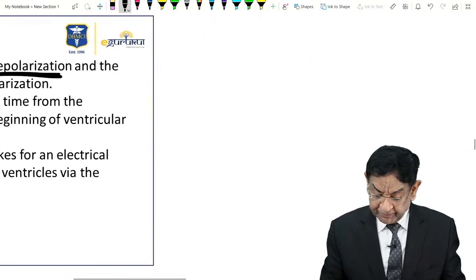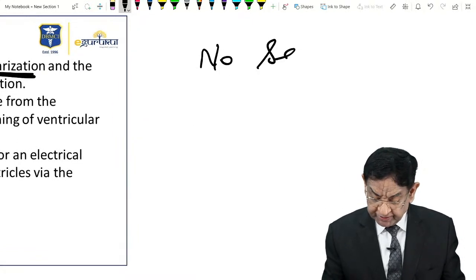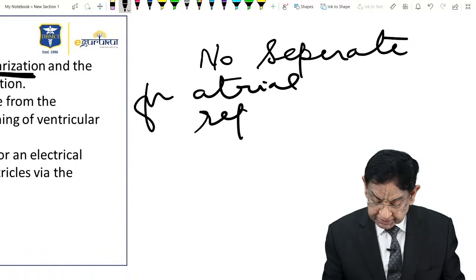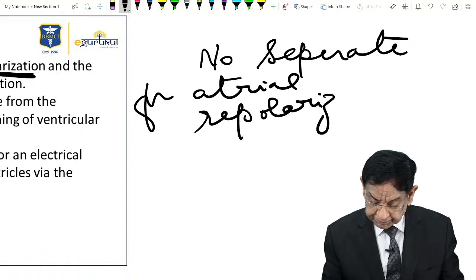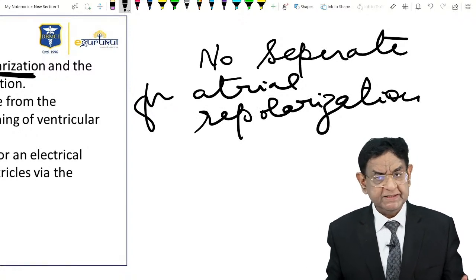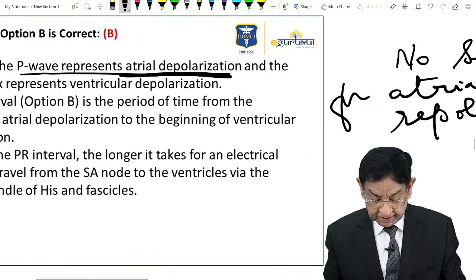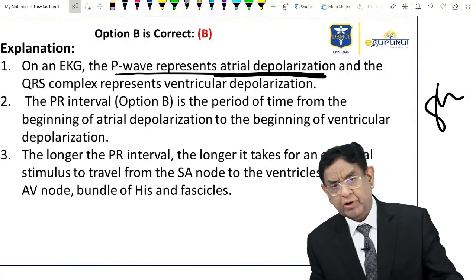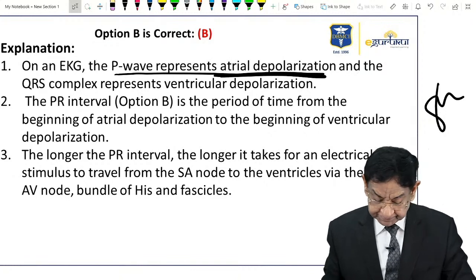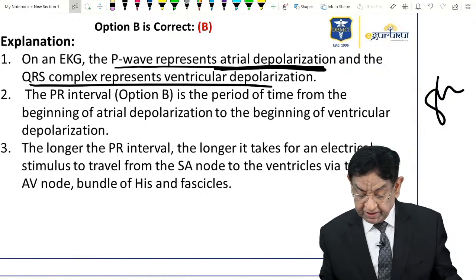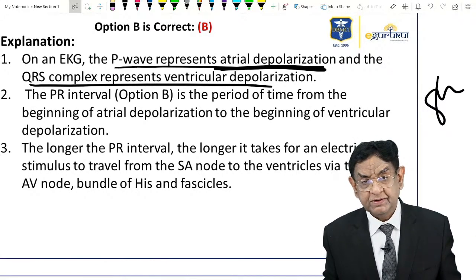There is no separate wave for atrial repolarization. It gets mixed up with the QRS complex. So P wave is atrial systole or atrial depolarization, but atrial diastole has no separate wave. And the QRS complex indicates ventricle depolarization, that is ventricle systole.